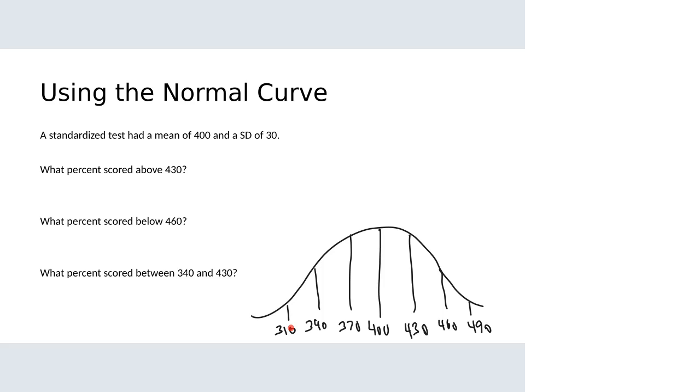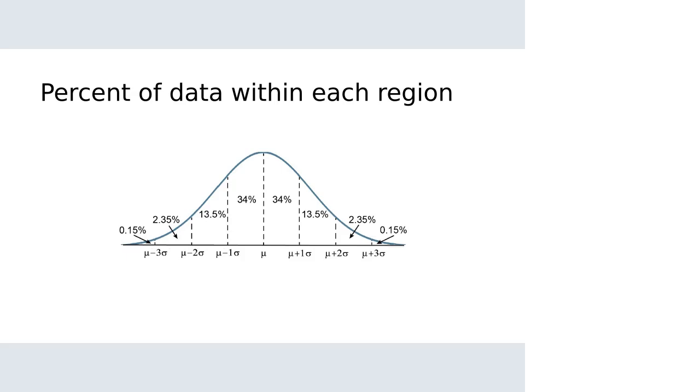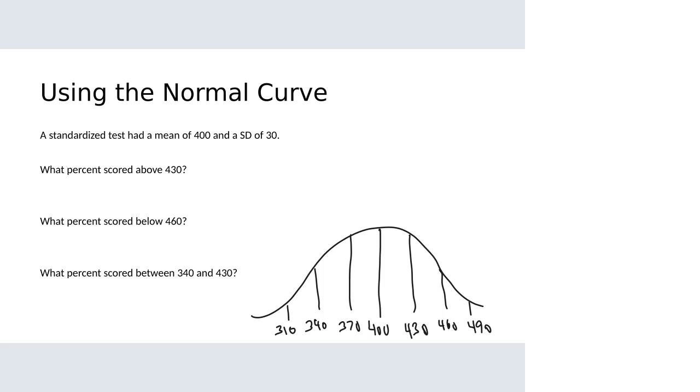Now, to make it easier to answer these questions, I'm going to put my labels here, where I have a mean of 400 and a standard deviation of 30. Now we'll answer questions. First question says, what percent scored above 430?